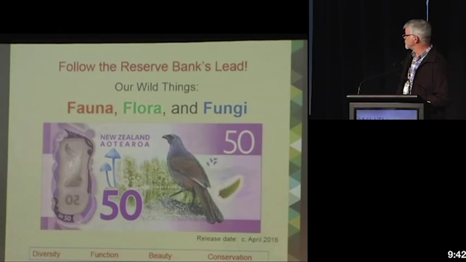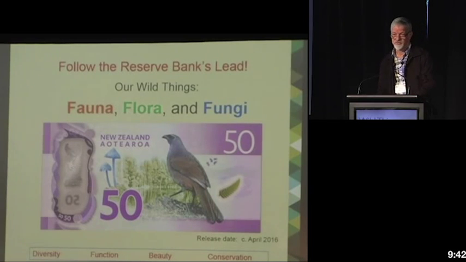I did lobby the Reserve Bank a little bit, and they very graciously have put the fungi almost in the centre. So let's take the leadership from the Reserve Bank, fauna, flora and fungi given a profile that they deserve. And I hope I've given you just some insight into the importance of New Zealand's fungi as a major component of our biodiversity. Thank you.